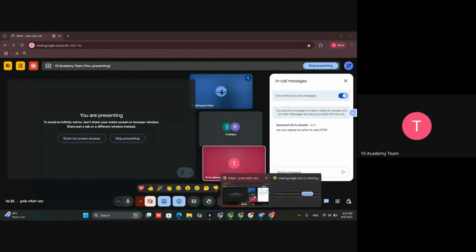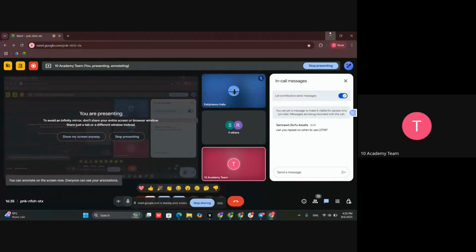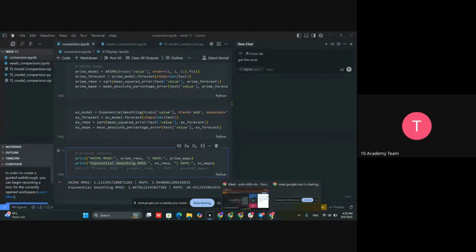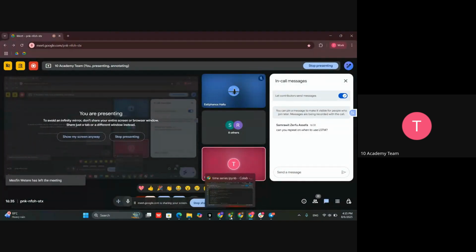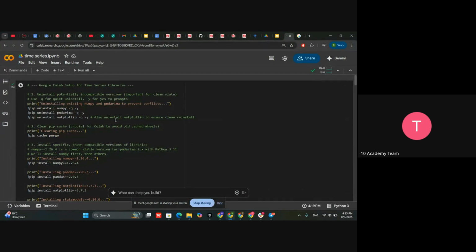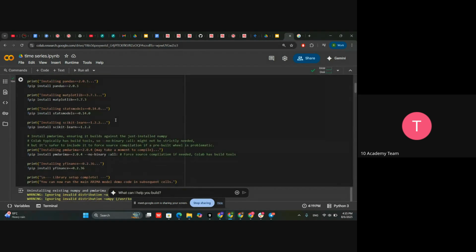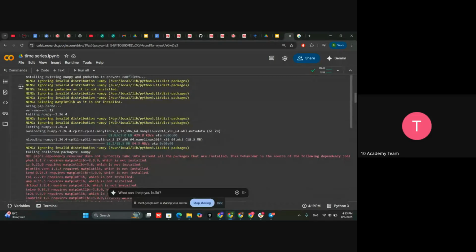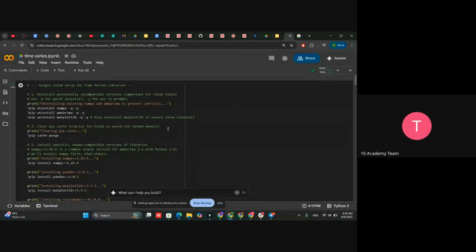Something that you might face, because I have faced it, is a package conflict. I will update this code before uploading it, so be careful about the packages. We need to be careful specifically about NumPy, which will cause a major error.